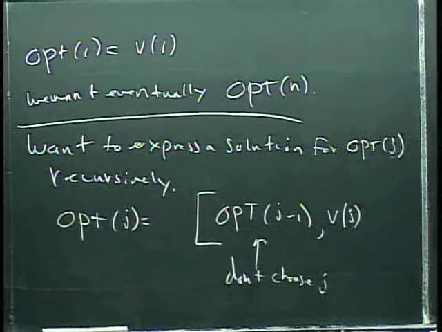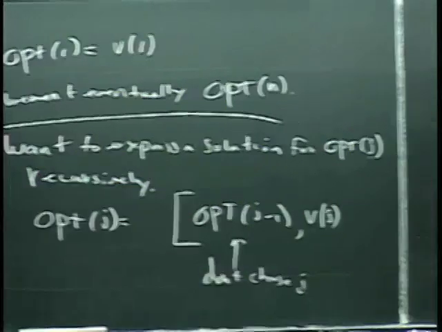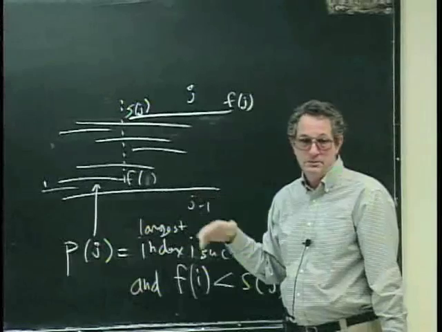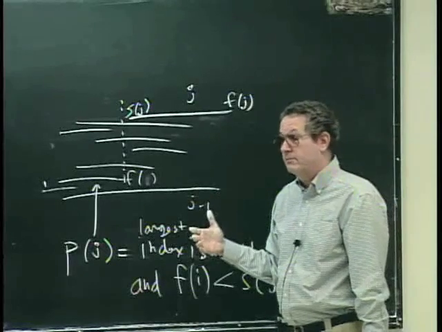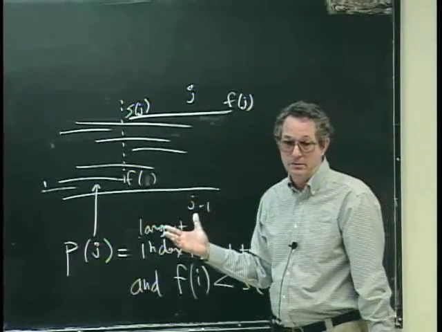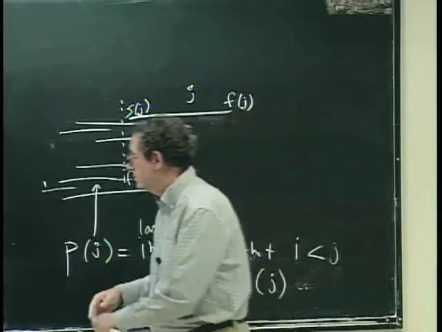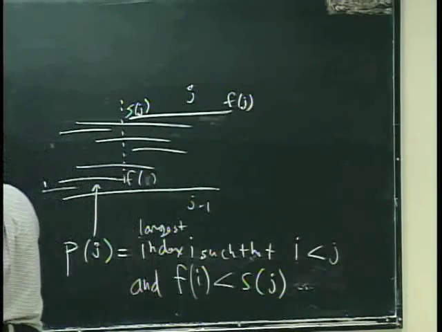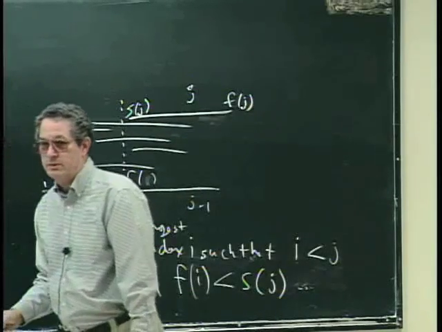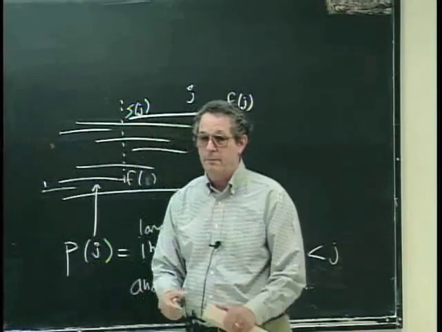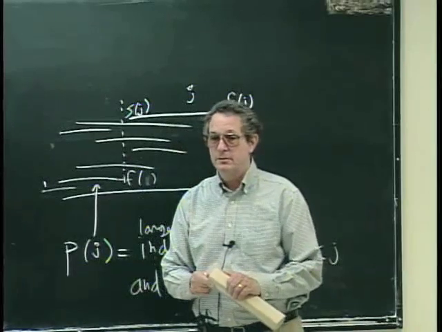And then you get some values from some other intervals that don't overlap j. You want to get the best possible sum of values among what's allowed. Can anybody tell me how you express that? What's the notation for that? Yeah. Plus opt of i.